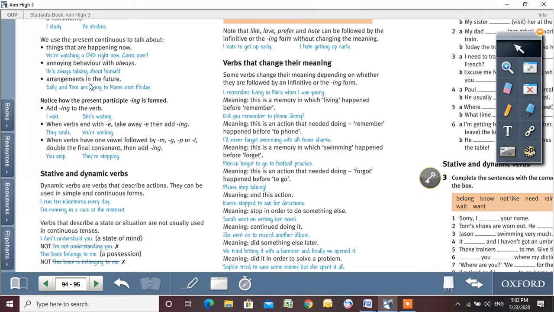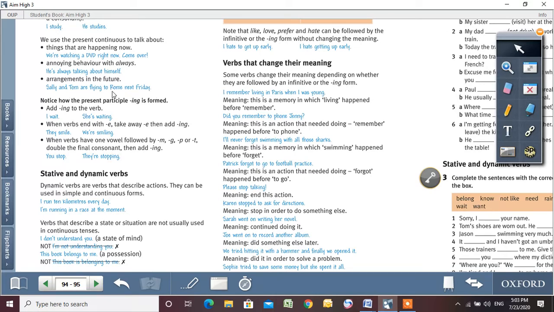Number 3, we can also borrow the present continuous tense to talk about the future. But to talk about the future in what? To talk about plans or arrangements in the future. So I can say Sally and Tom are flying to Rome next Friday.